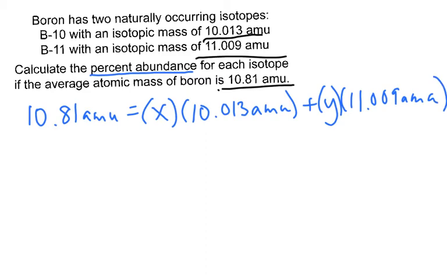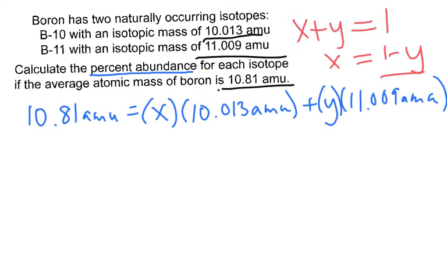And we know that X plus Y, those two variables, have to add up to 1. So we can rearrange this equation to say X is equal to 1 minus Y. We can substitute this in for X, and now we can solve this problem.